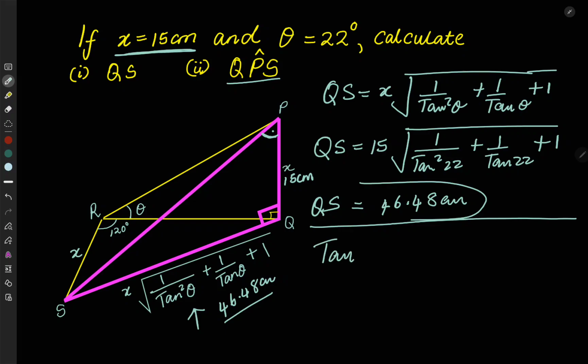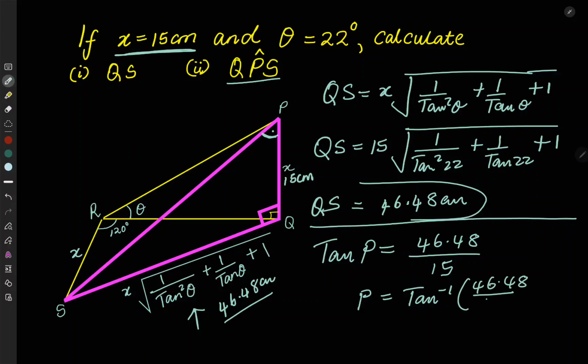So tan P will be equal to opposite, which is 46.48 divided by adjacent, which is 15. And you remember that we can find P by saying P is equal to the tan inverse of 46.48 divided by 15. And that will give you 72.11 degrees.